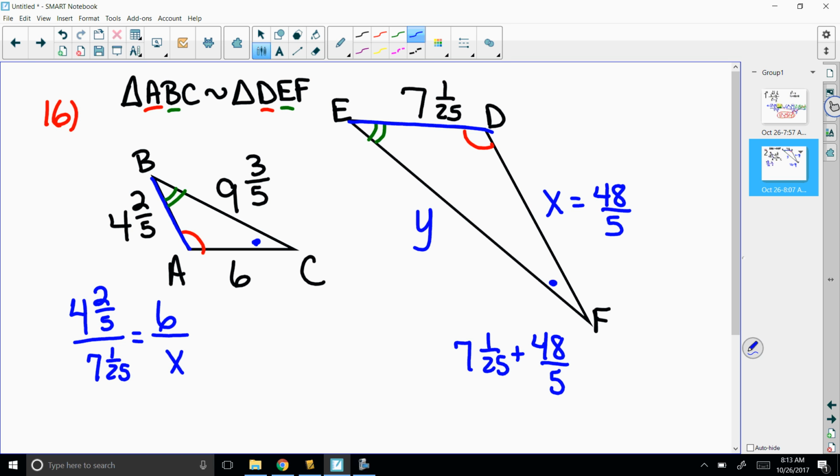The other ratio is going to be our other proportion. The other proportion is going to be 4 and 2/5 over 7 and 1/25 is equal to 9 3/5 over y.